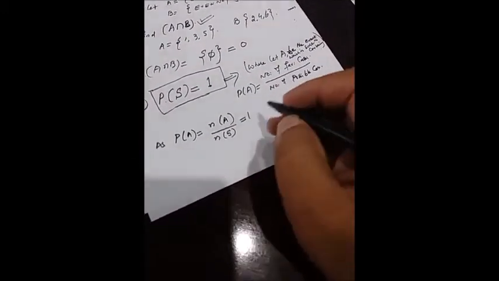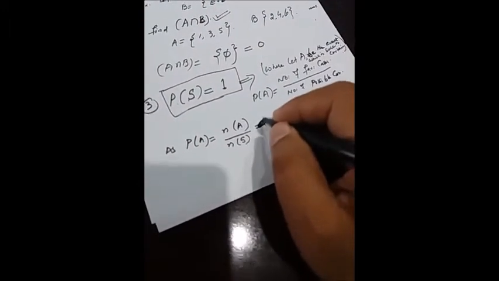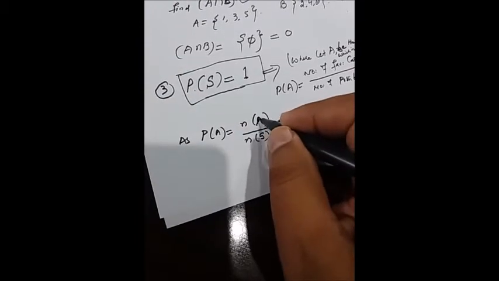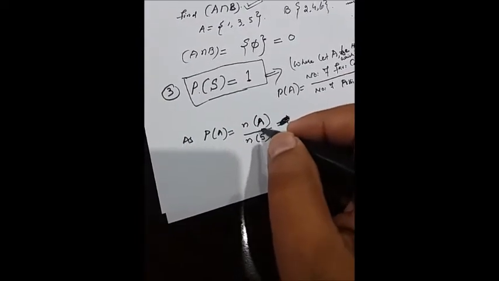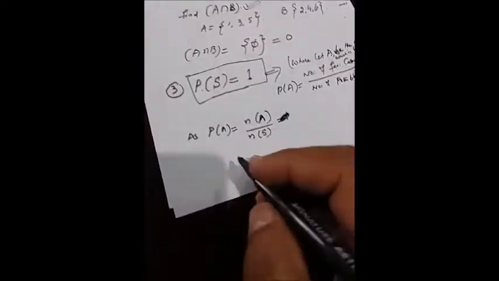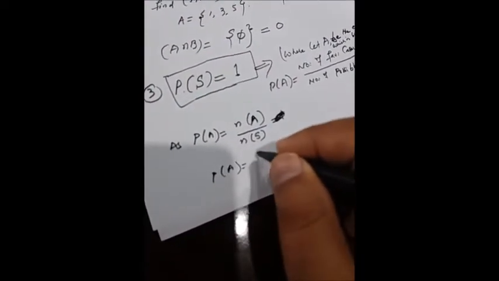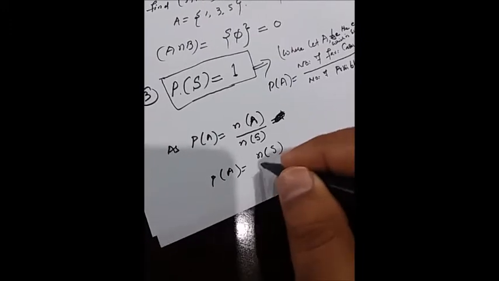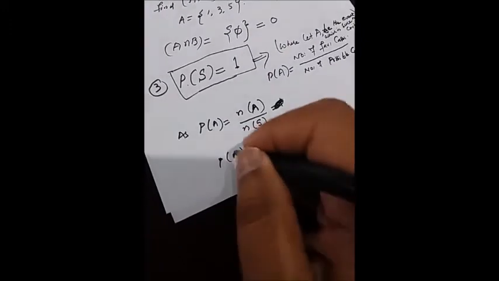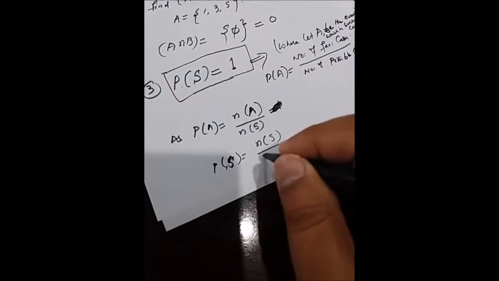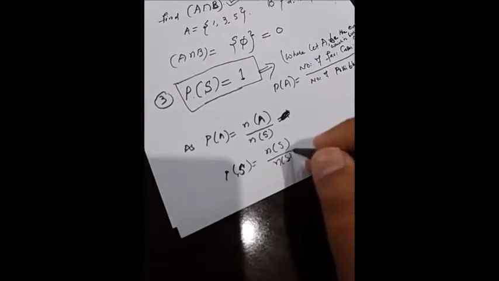How? When we are calling the event A which is 100% sure, the probability of A is equal to the number of elements in sample space divided by the number of elements in sample space.